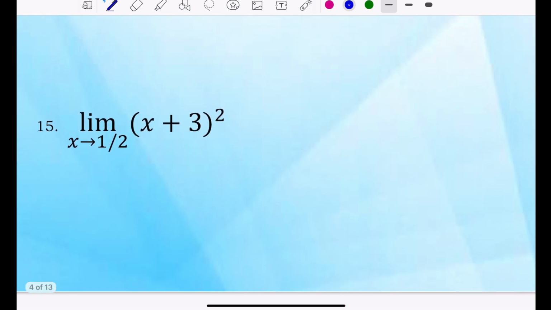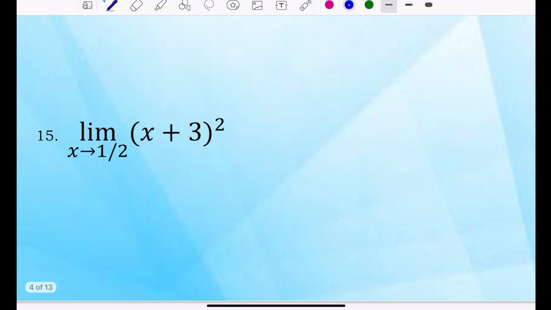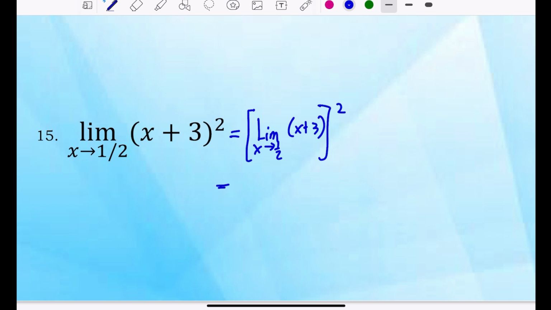Number 15. The limit of x plus 3 quantity squared where x approaches 1 half. So this is now equivalent to the limit of x plus 3 where x approaches 1 half, quantity squared.